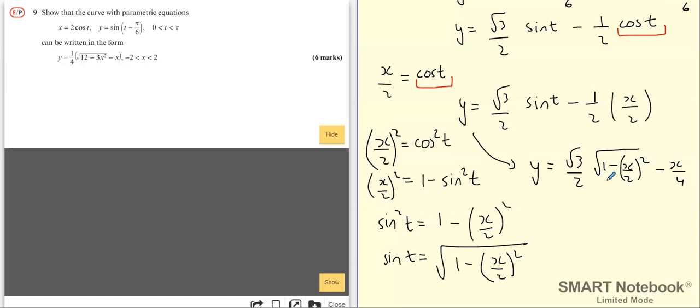So there's only one bit under the square root, two terms, and then you've also got minus x over 4 outside. Now it's just a case of simplifying until you get to what we have got over there. I want you to have a go at that and let me know how you get on.